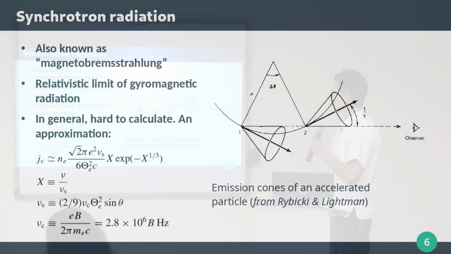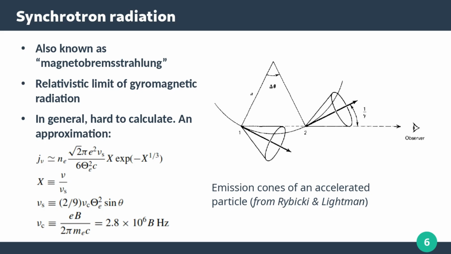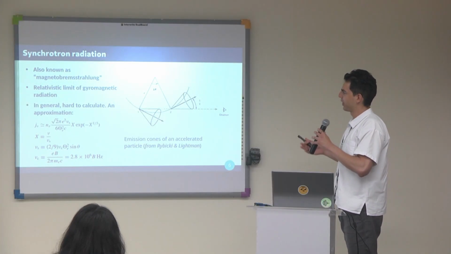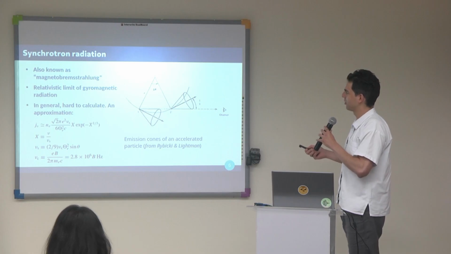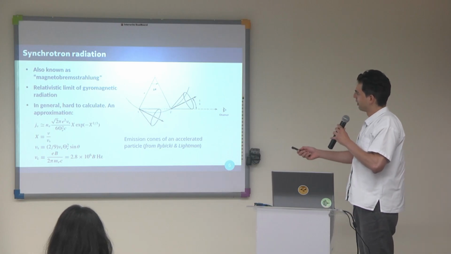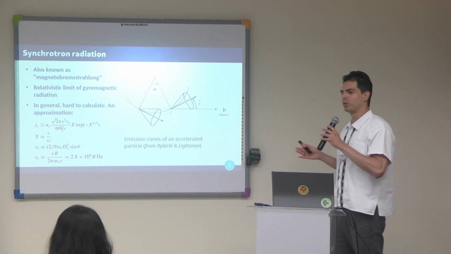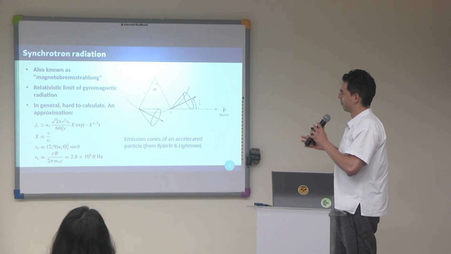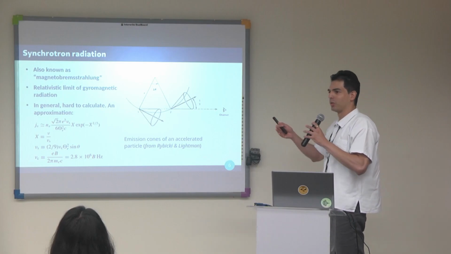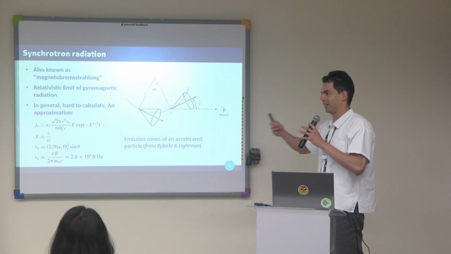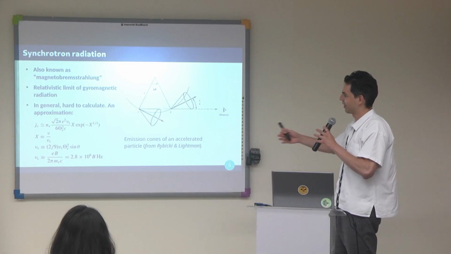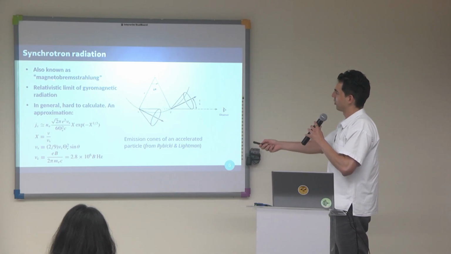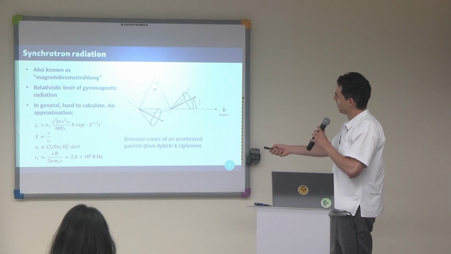So, as I mentioned, one of, or actually the most important radiation process that occurs at the observing frequency of the EHT is synchrotron radiation. This synchrotron radiation is also associated to charge being accelerated. So it is also associated to momentum being drawn away from charges and going into the electromagnetic field. And for this reason, it is also known as magneto-bremsstrahlung.